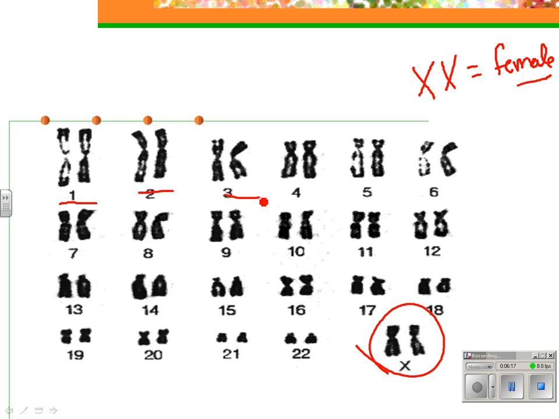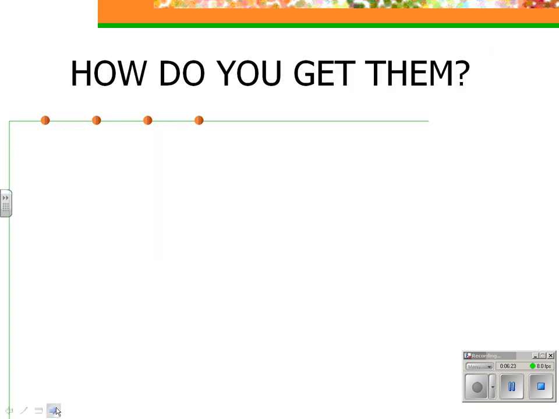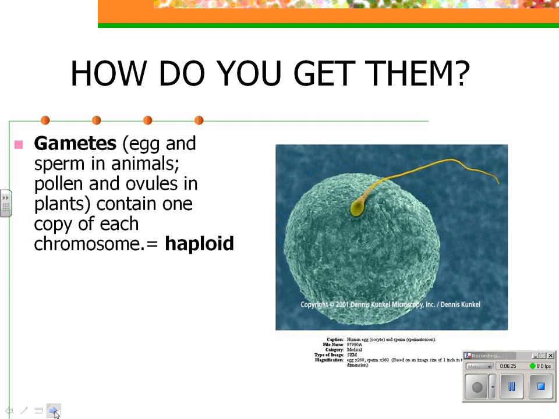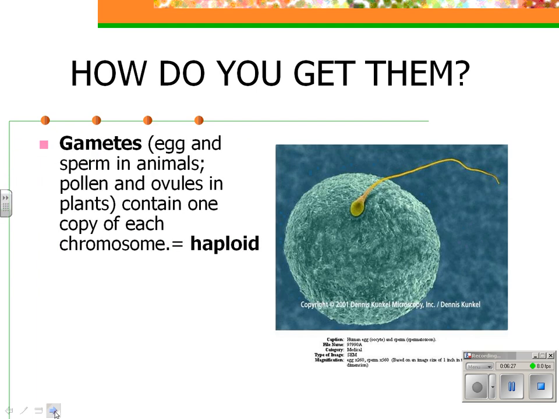In lab, we'll look at a couple examples of non-alike chromosomes. So how do you get them? You get them by a process we're going to talk about. We said that you get a copy of your chromosomes, one from each parent. Your parents pass them on to you in their gametes.